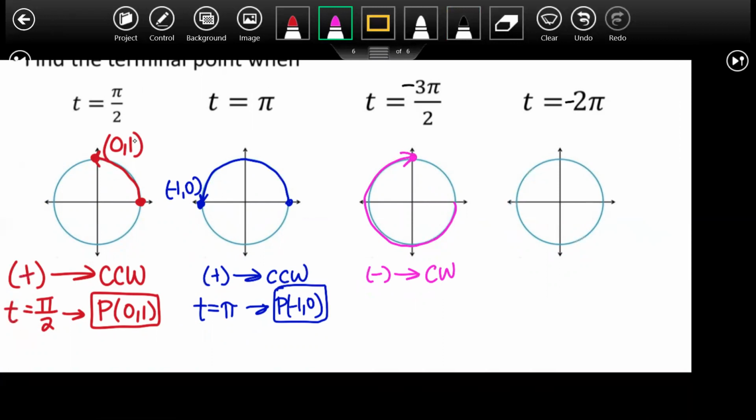Okay, so we're going to look back at this reference point. We're going backwards, clockwise. If we do it clockwise, what's our value here? 0, 1. Therefore, our terminal point is going to be 0, 1.